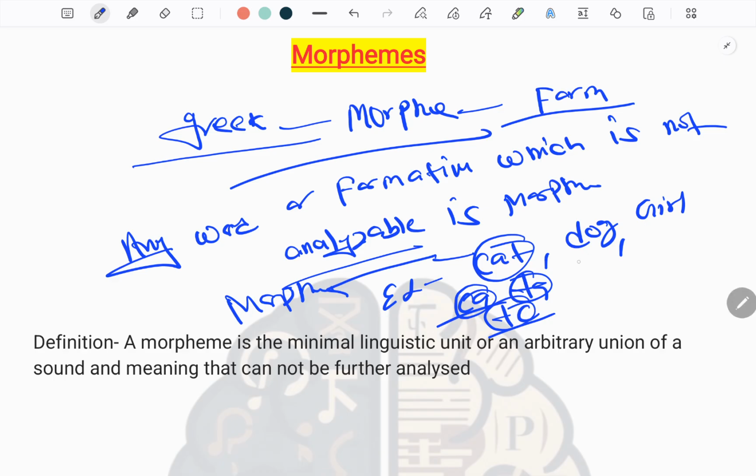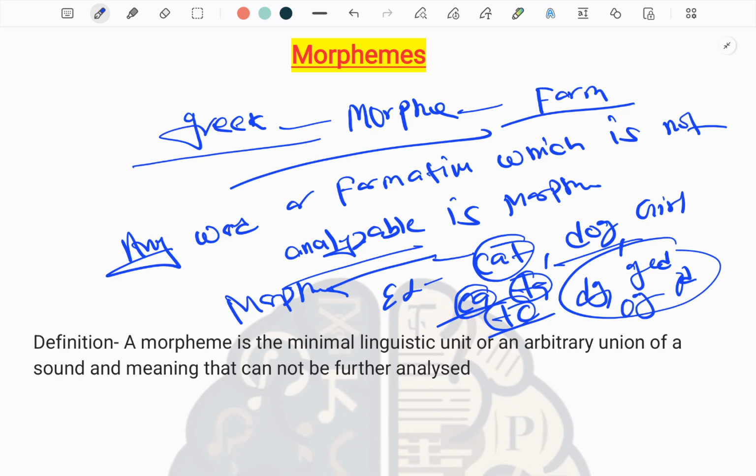Like in the next example, if we write dg, or gd, or og, or od, however we reorder these, there is no meaning in these words. In the same way also girl.